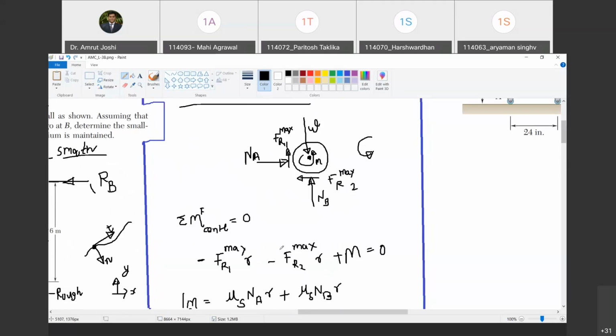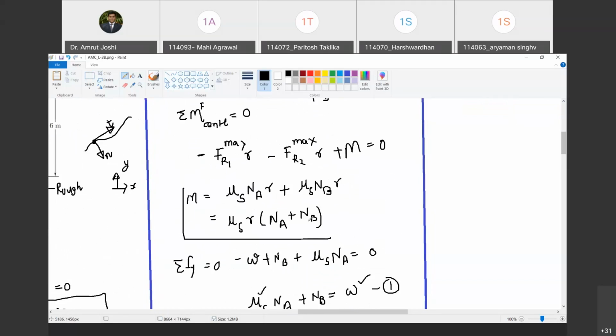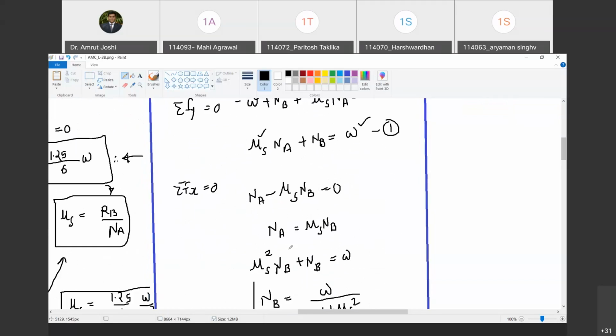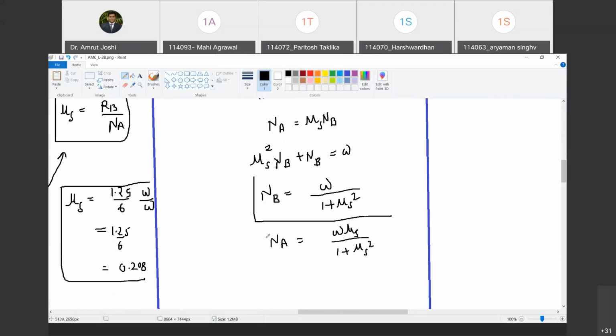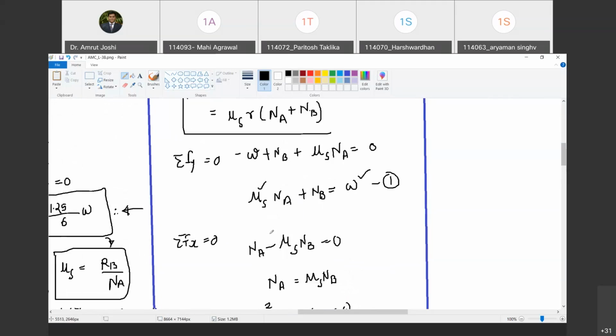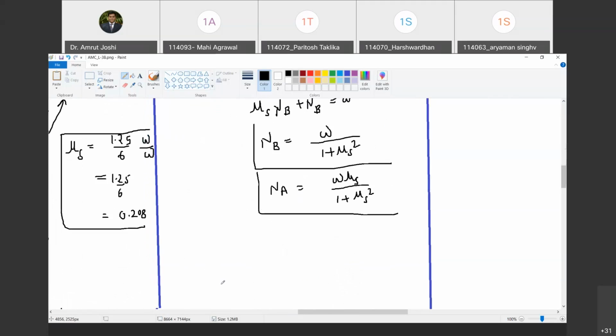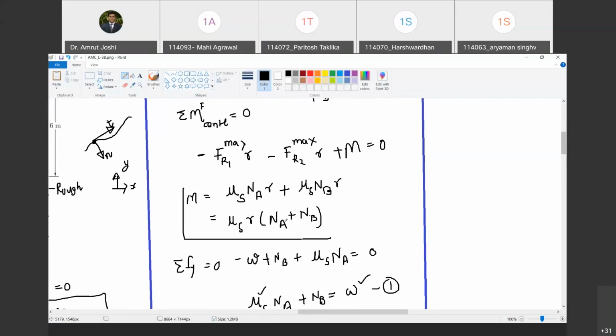Substitute this value of Nb here and substitute the value of Na there as well. How much is Na? So Na is equal to how much? Tell me. W times µs upon (1 plus µs squared). Happy? Yes, sir. So substitute these values of Na and Nb here. What do we get? M is equal to µs times R into (Na plus Nb).